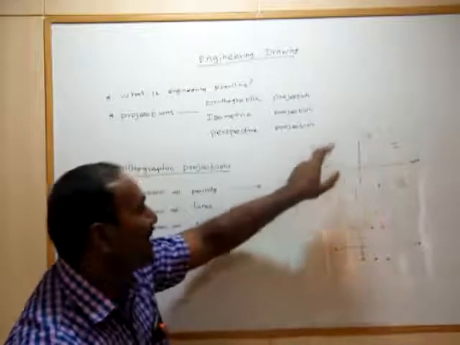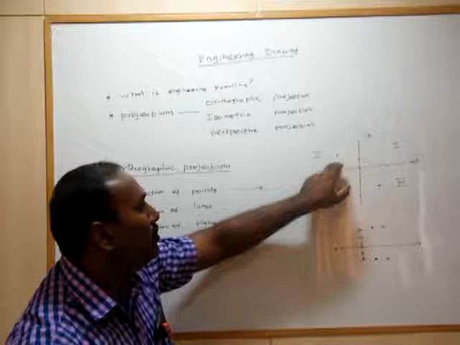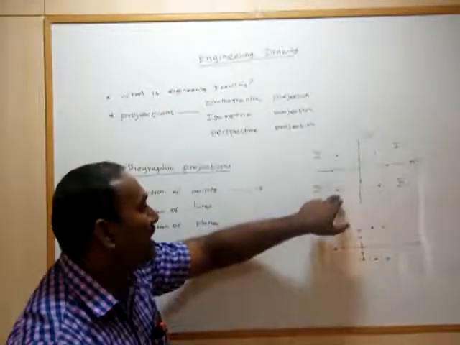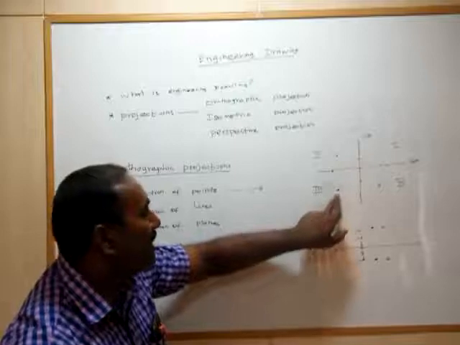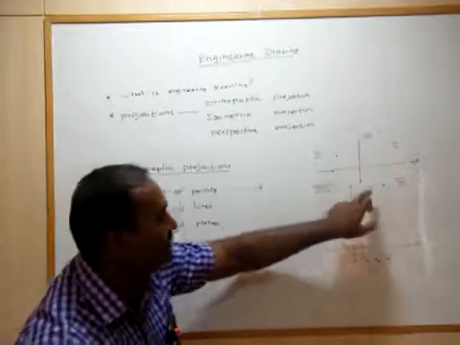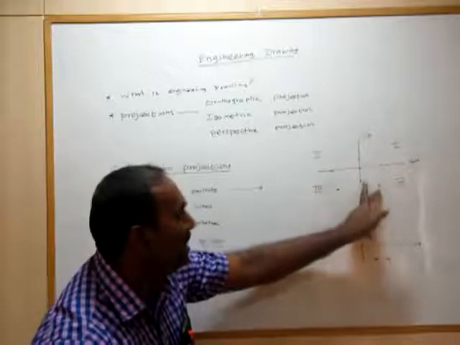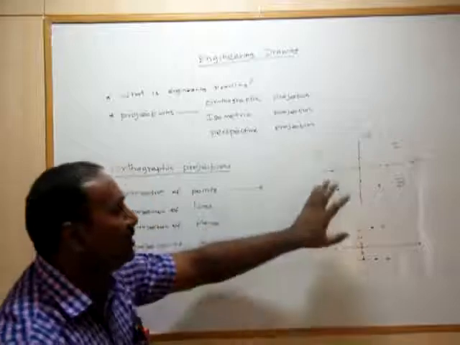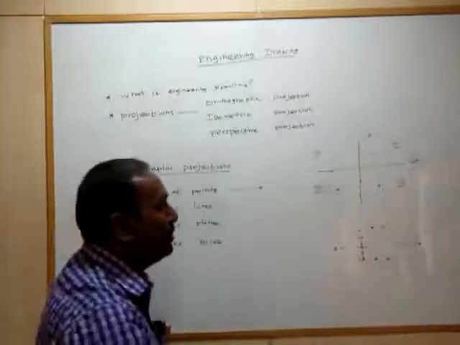In second angle projection, it is above HP and behind VP. Similarly in third angle projection, this point is behind VP and below the horizontal plane. Similarly here, this point is in front of VP and below HP. In that way we give the details about the orthographic projections.